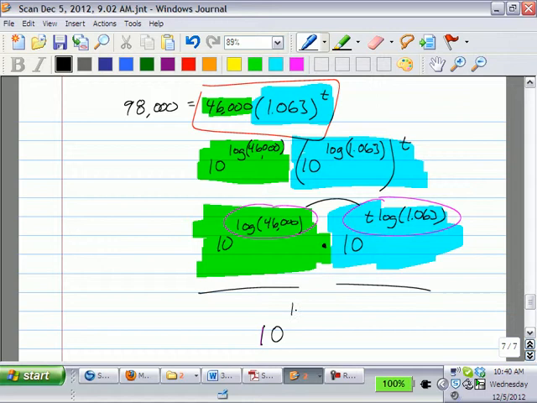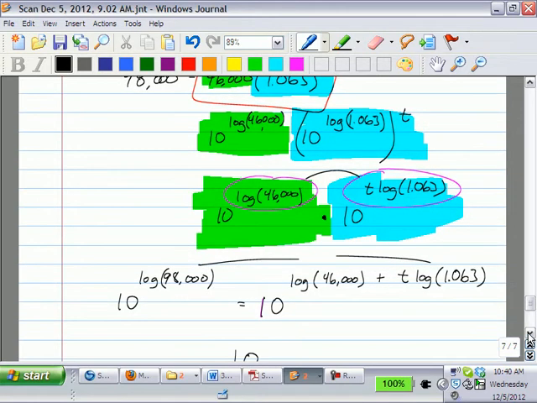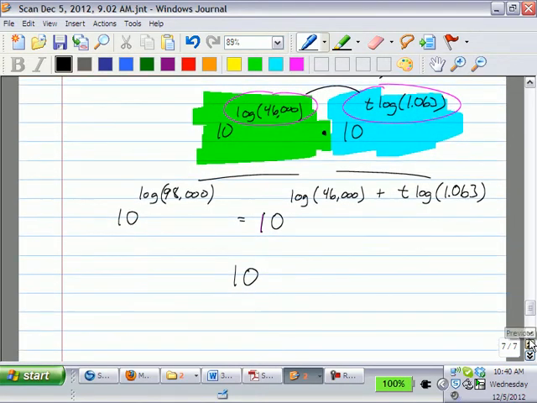Addition. Okay. Both sides, common base. What can you do with the 10s? Yeah. Thank you, Andrew.